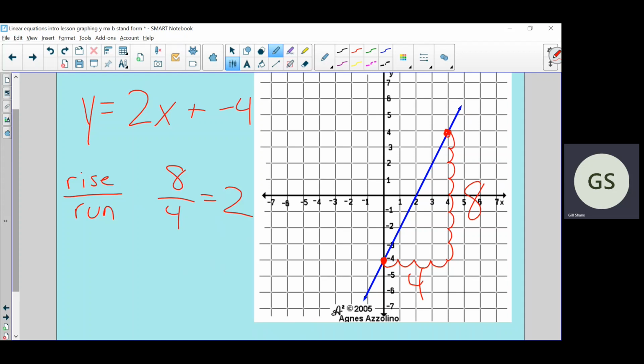Same right here, that should have been negative. Because if I go to the right, that's positive, but down is negative. Or if I go up, that's positive, but then left is negative. So it doesn't really matter, as long as you only make one of them negative, don't make both.